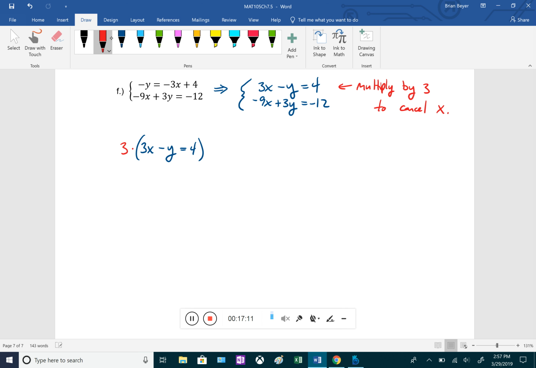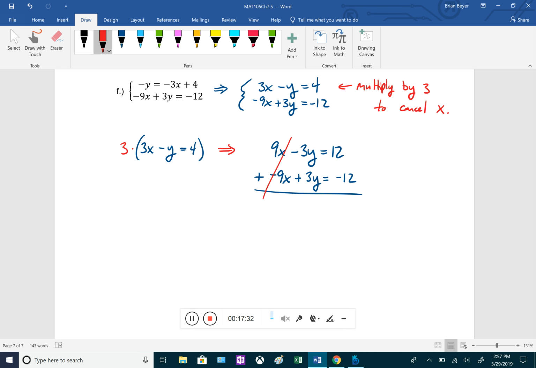We're going to multiply that whole thing by 3. And that's going to give us 9x minus 3y equals 12. We're going to add that to the second one, which we didn't have to adjust. Negative 9x plus 3y equals negative 12. So adding these together, we know the x terms canceled because that's how we set it up.